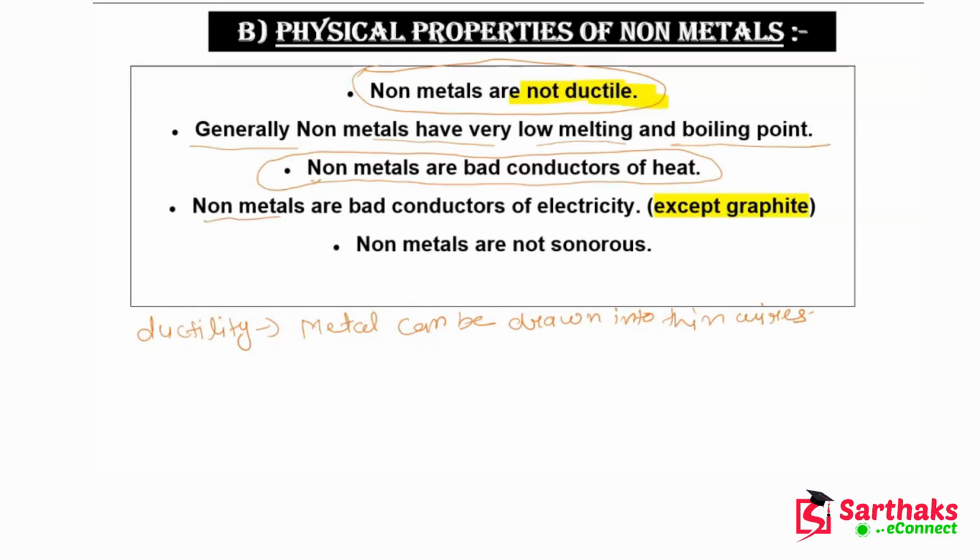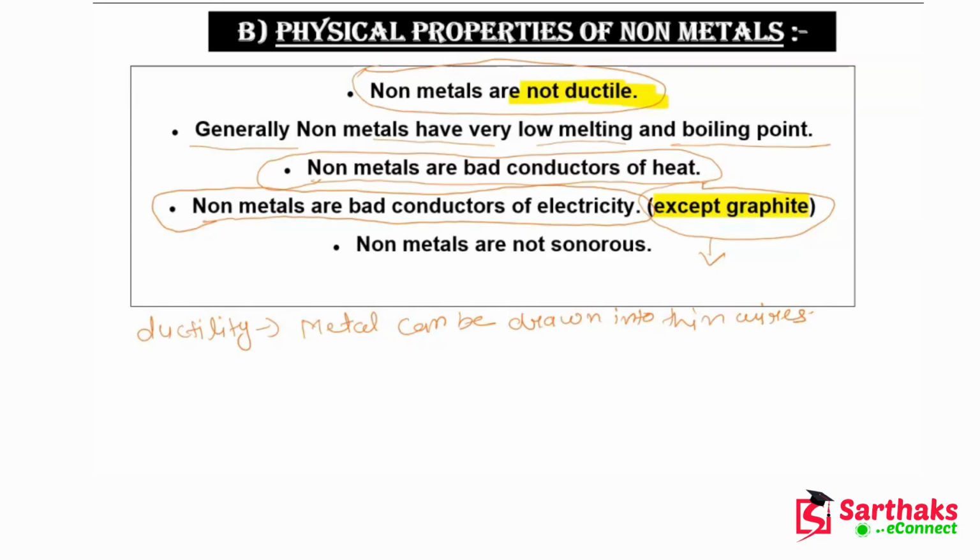Non-metals are bad conductors of electricity as well. Charges cannot easily flow in non-metals. But there is an exception, and that exception is graphite. Graphite is a conductor of electricity. If you are asked why graphite is a conductor of electricity, the reason, which we will discuss in the upcoming chapters, is that graphite has a free electron.